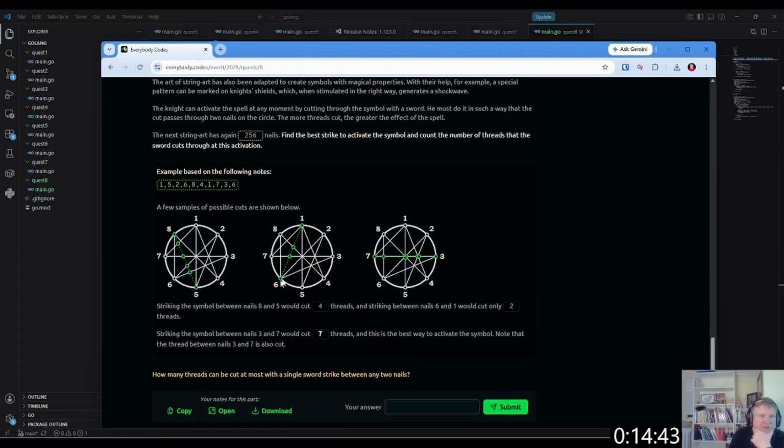Striking between nails 6 and 1 would cut only 2 threads. Would cut 7 threads. Okay, so we have the thread that we are on ourselves. How would that cut 7 threads?